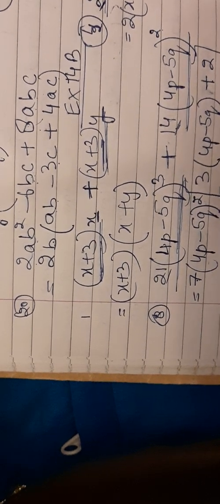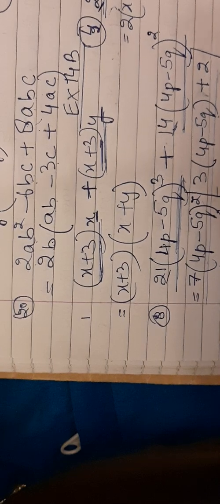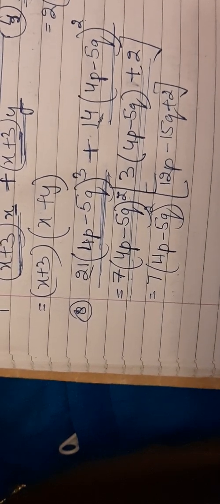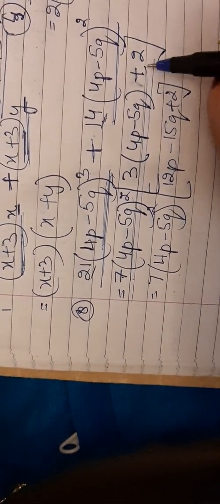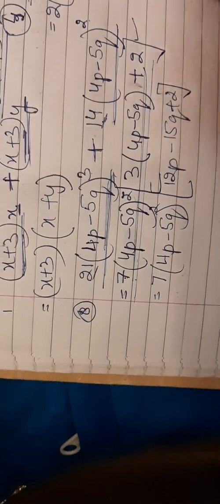If you don't want, let it be here only. 12p minus 15q plus 2. If you want, you can leave the answer here also, or if you want, you can show the multiplication also. Do it as given. Either this may be the answer at the back or this may be the answer. Do it as it is given in the book.